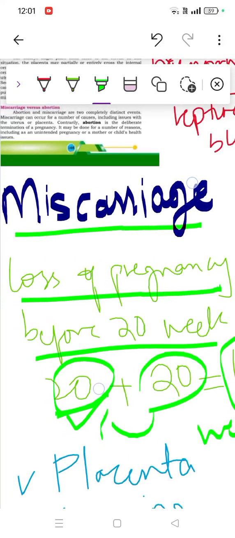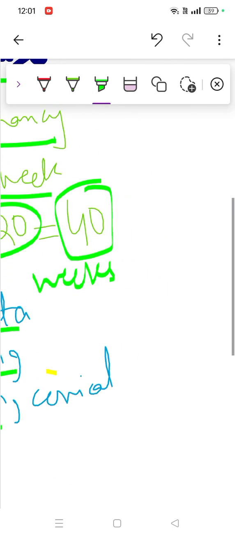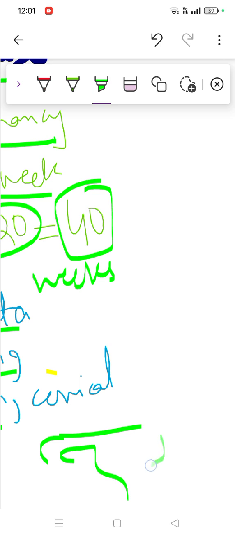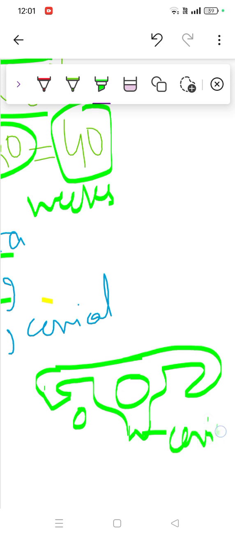So what happens is the placenta is going to cross the opening of the cervix. If this is the structure, here is the ovum when it gets fused. The ovum and fertilized egg are supposed to stay here. Here we have a structure called the cervix, and below that we have the vagina.